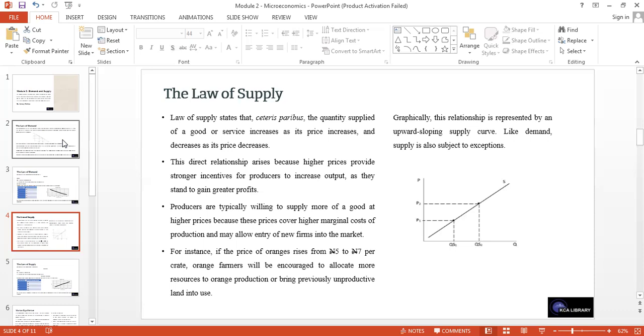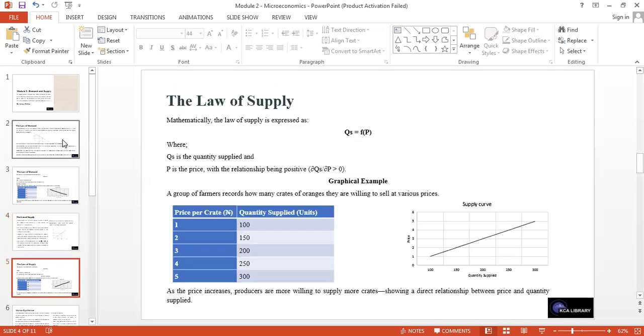And like demand, supply is also subject to exceptions. And mathematically, for the law of supply, you can see it there. For example, a group of farmers records how many crates of oranges, just like what we saw about the demand. But now you see, as the price increases, the supply also increases.